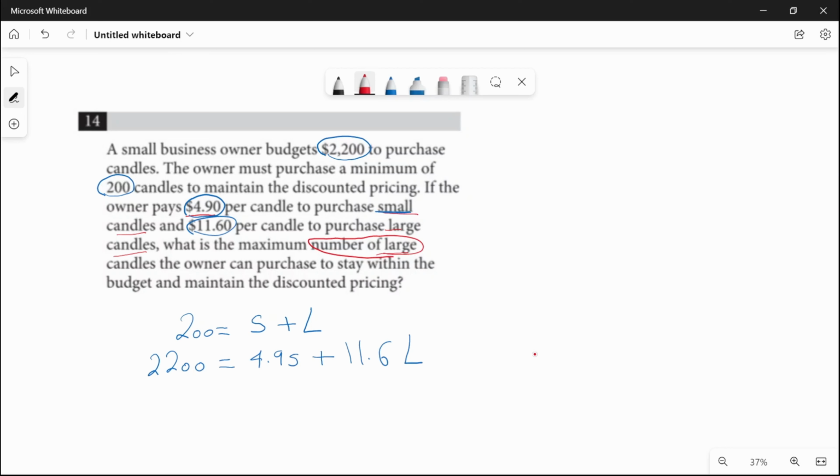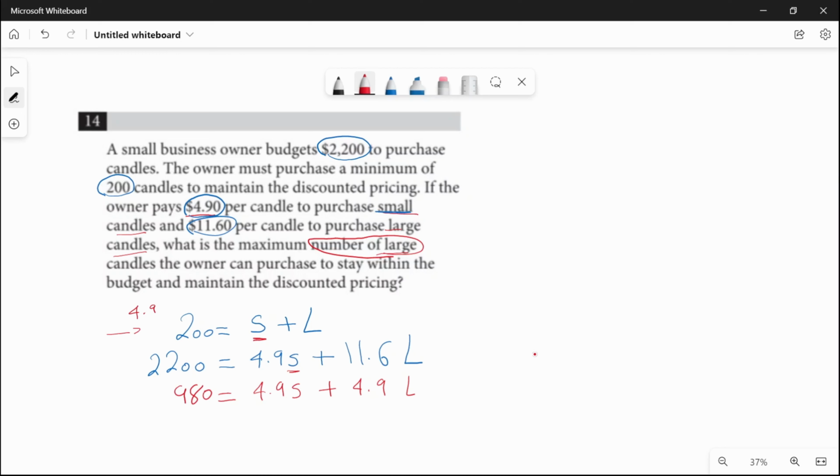A quick way to do that is by canceling the values of S. And we can do that by multiplying the first equation by 4.9. So we will have 4.9S plus 4.9L, and 200 multiplied by 4.9 is equal to 980.